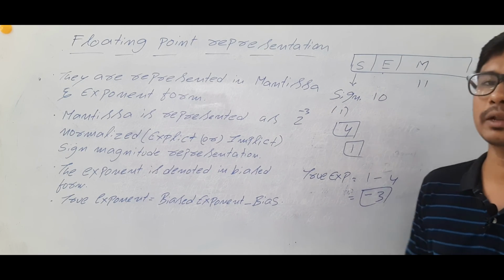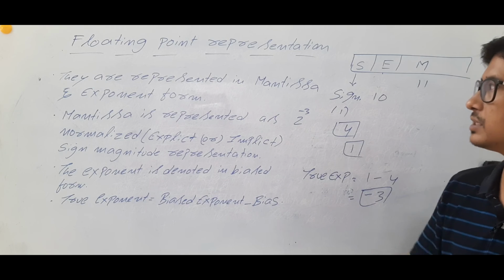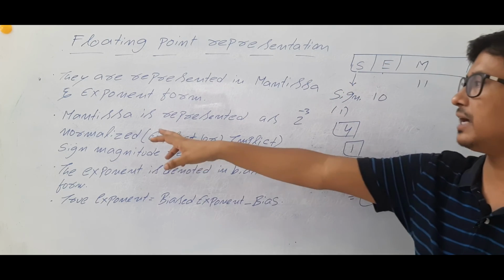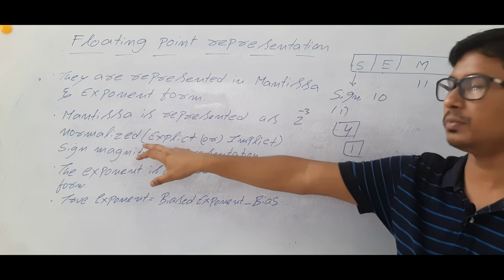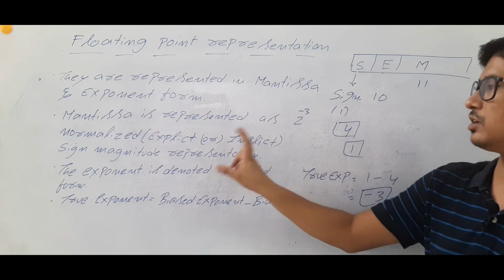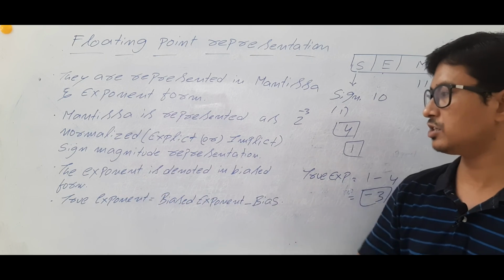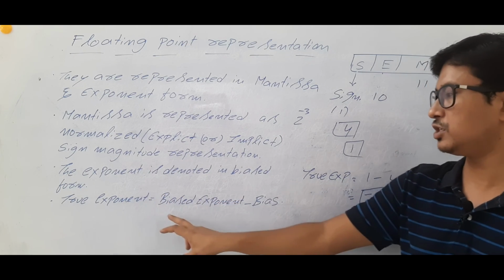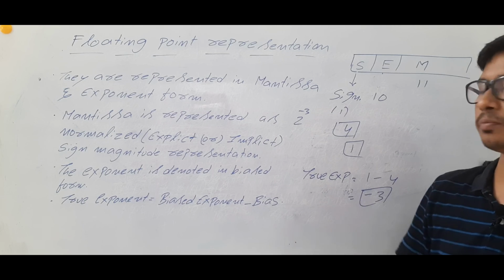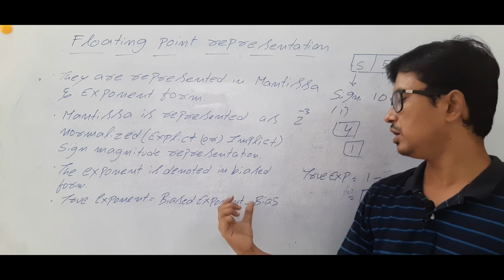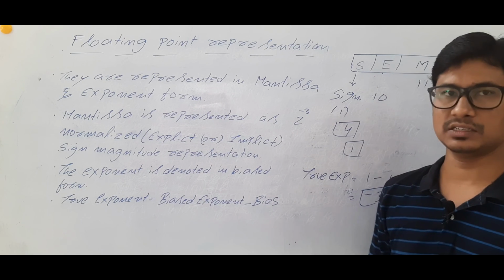So we will represent floating point numbers using the sign, exponent and mantissa. The mantissa is represented in normalized form. It can be explicit or implicit. The exponent is denoted in the biased form, where the true exponent is equal to biased exponent minus bias, or biased exponent is equal to true exponent plus bias. Is it clear?